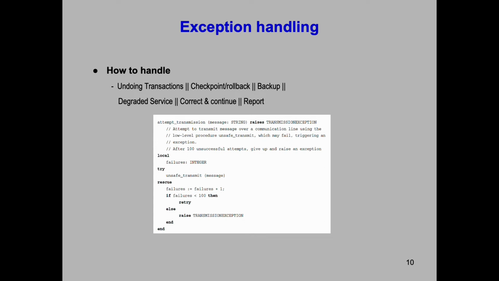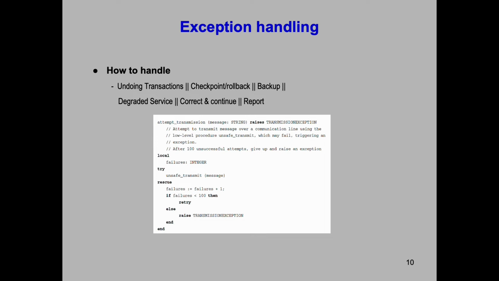You can see a transmit function that accepts a message as a string. It raises an exception called transmission exception. What this piece of code does is, once it reaches 100 unsuccessful transmissions, it will throw an exception so that it can be handled or prompted to the user. You can see there's a local failure set as an integer. This is our counter variable. It's going to try an unsafe transmit with this message as a parameter.